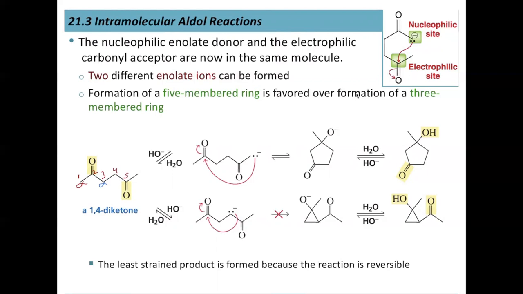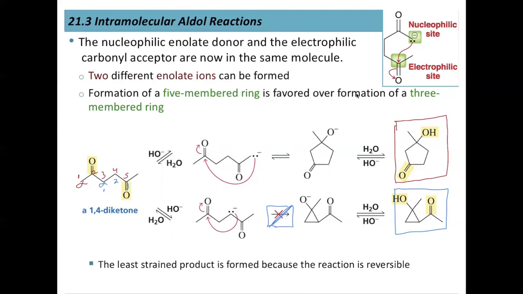If I count from the blue alpha protons to the carbonyl, that would give me a 3-membered ring. So you can see that the red alpha protons would give you a 5-membered ring, and the blue alpha protons would give you a 3-membered ring, which is not going to be favorable.